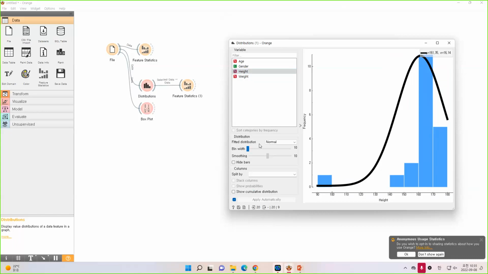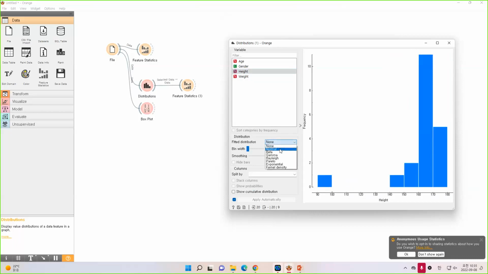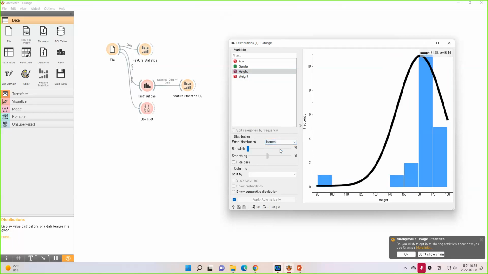It will give you the distribution way. Let's say this is the normal distribution. If it is none, then you will see only the bar. But if you are going to fit this data into a distribution, you will see this is the normal distribution.